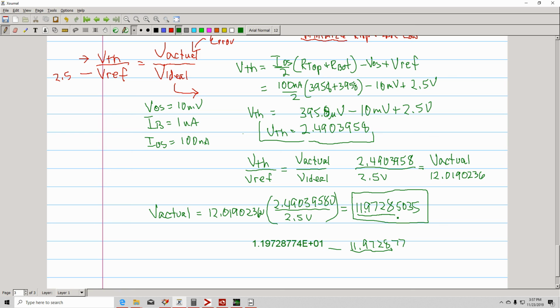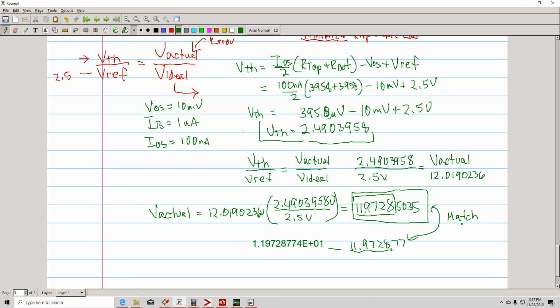I say that's pretty good when we can get this type of accuracy. For all intents and purposes, this and this you can consider a match.